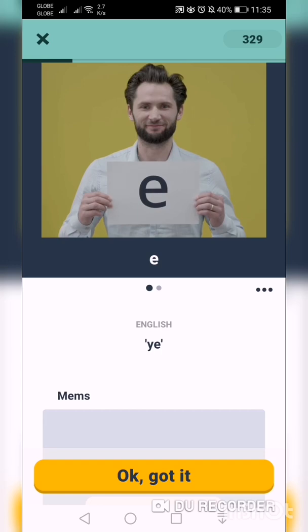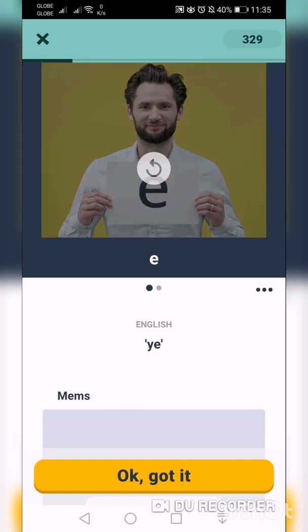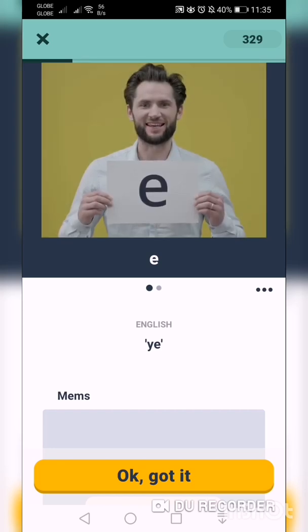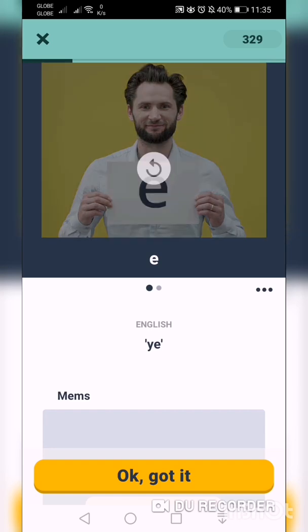Е. Yeah. Now, based on some notes that I took while I was trying to research the language, I found out that the letter E doesn't always have the yeah sound.